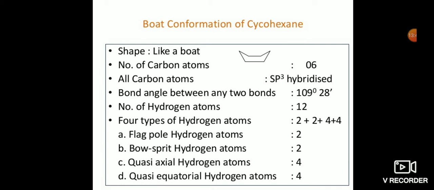Number 1, flagpole hydrogen atoms. Number of this type of hydrogen atom are 2. Flagpole means a flag held on a pole. We will see it in the next structure.